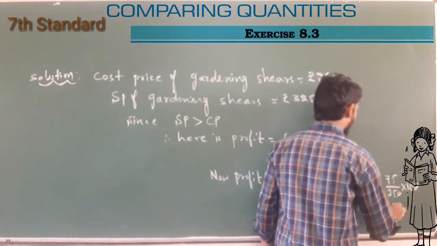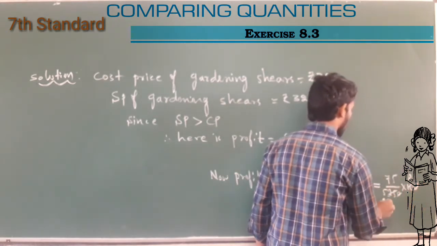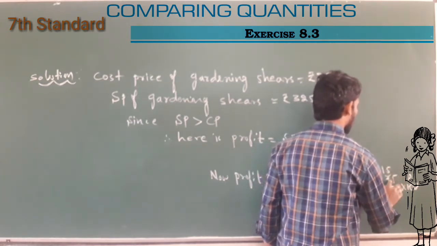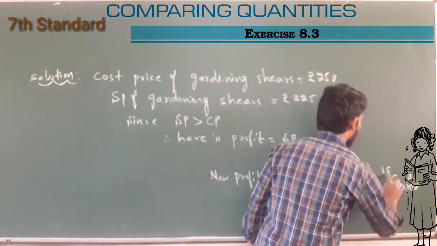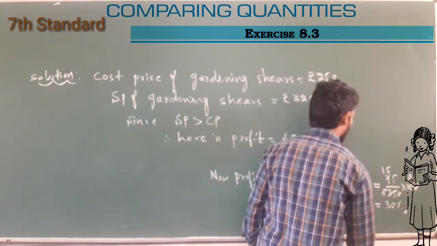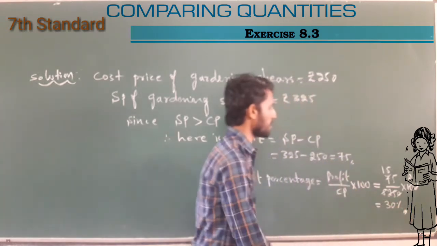The zeros will cancel here. 5 twos are 10, 5 fives are 25. When we multiply, we get 30%. This is the profit percentage. Okay, this is the solution.